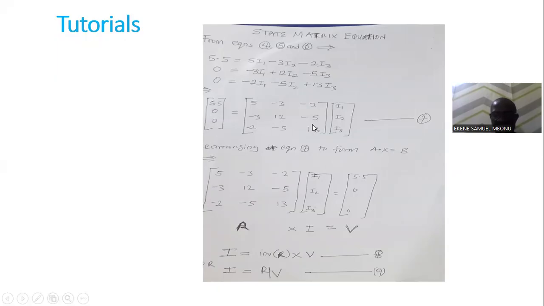The state matrix represents the resistances in the circuit, while the current is represented by I. When we arrange that equation in the form A times X equals B, we get that R multiplied by I is equal to V. And then the solution, as we saw earlier, will be I = inverse of R multiplied by V, or I = R backward division V.